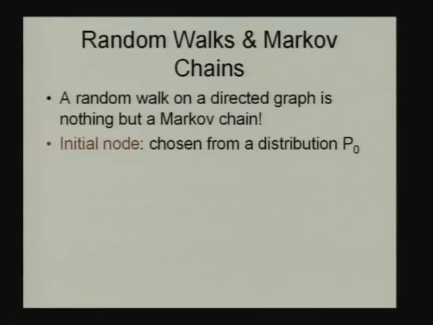How do you choose the first node? One possibility is somebody gives it to you, as we earlier thought, like somebody said that you are at node A and do the random walk. But that is not always very practical or applicable in a real situation. In a real situation, the initial node usually comes from a probability distribution. It could be A as well as B with some probability, as well as C with some other probability, and so on. So, this distribution is called P naught.